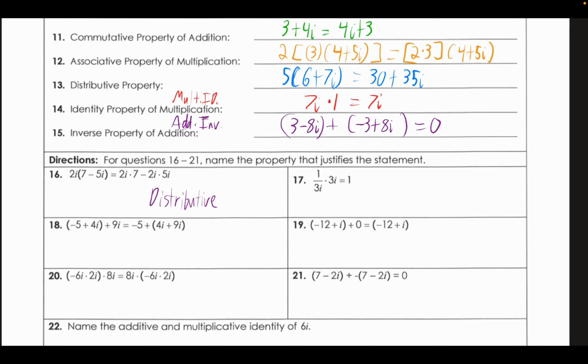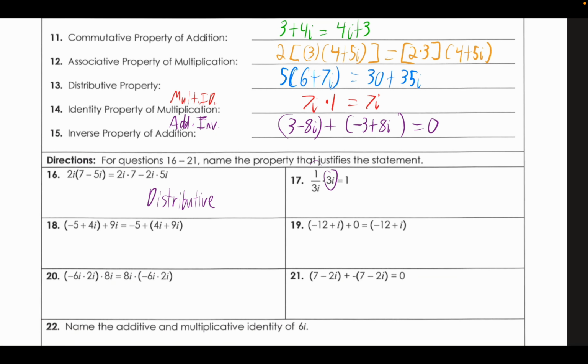On number 17, we see a number and its reciprocal being multiplied to equal 1. A number multiplied by its reciprocal equaling 1 is an example of the multiplicative inverse. A number times its reciprocal is always 1.